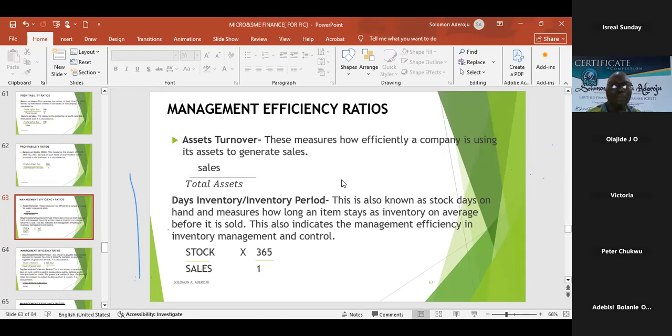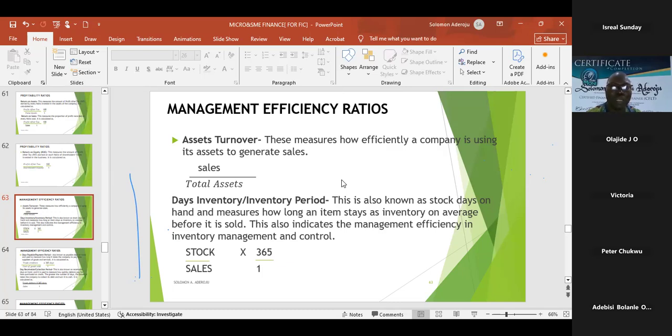Another name for management efficiency is turnover, or working capital ratios. Working capital ratios, because all those ratios under management efficiency will influence the working capital of that business. For example, if you collect your debt on time, or like inventory, if you sell your stock on time, it will give you money.